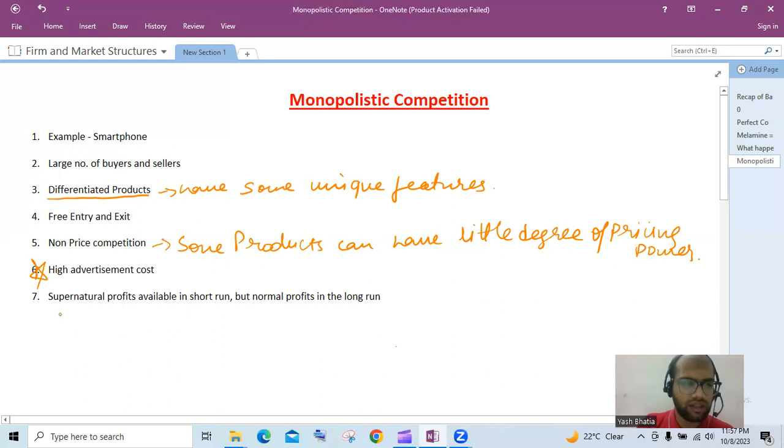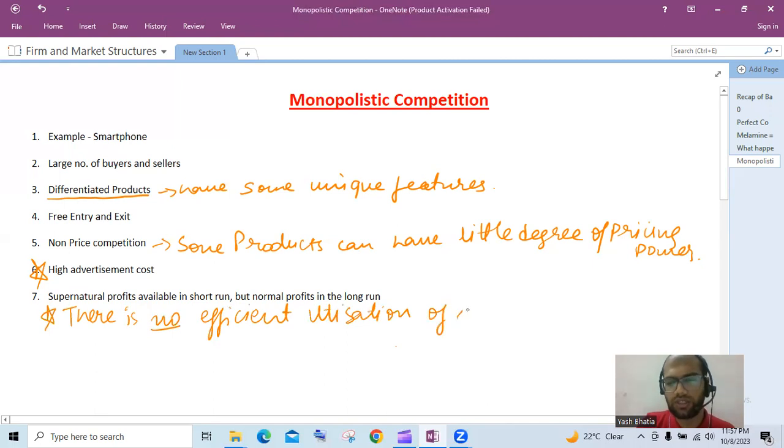There is one important point you should write down here: the main points of distinction between monopolistic competition and perfect competition. There are two main points. First, differentiated products. Second, there is no efficient utilization of resources.